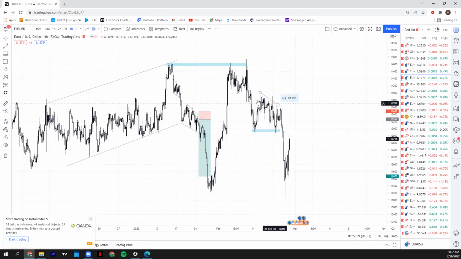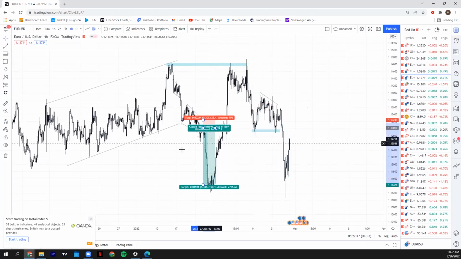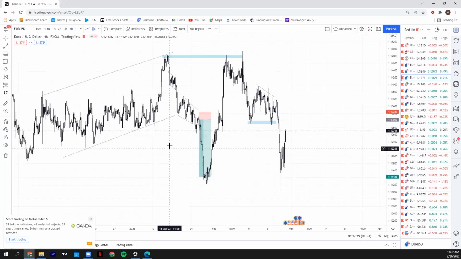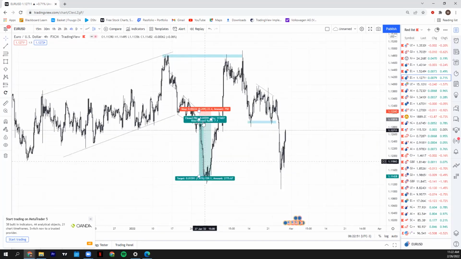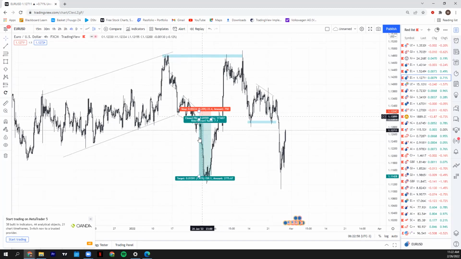We had a huge correction right here, and the price sold off. It's just a repetition of literally what happened previously, a huge impulse, correction, and another impulse.